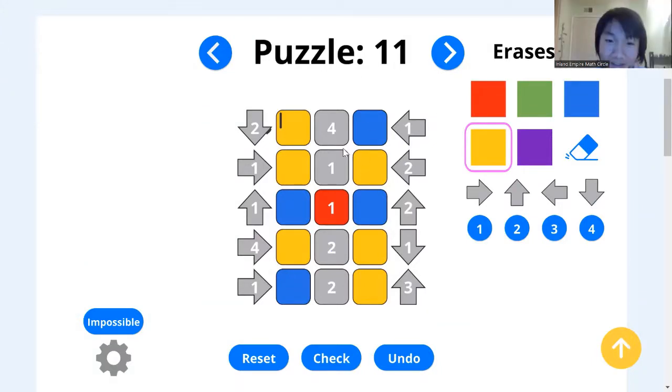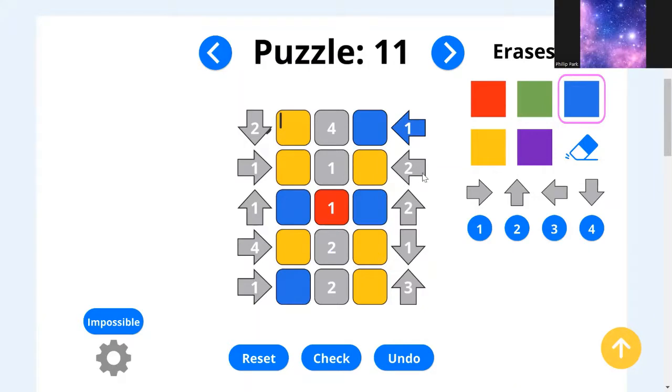How are we gonna start this? Well, I mean, we know that the arrow on the top right corner is blue. Oh yeah. Excellent observation. Now what? We also know that the arrow on the top left is yellow.